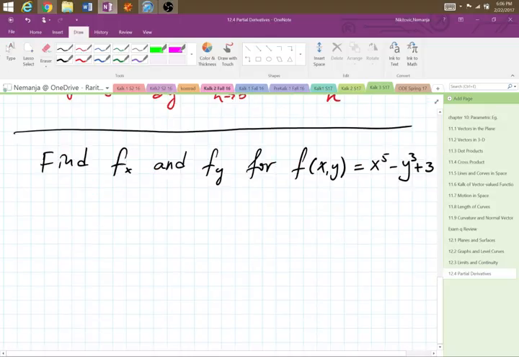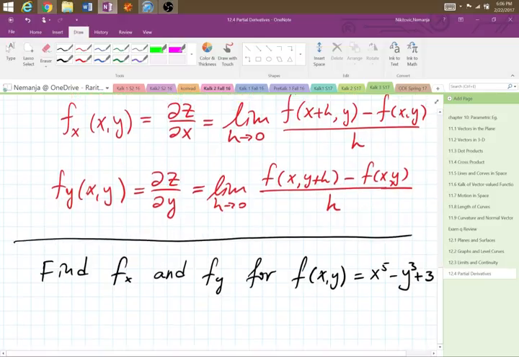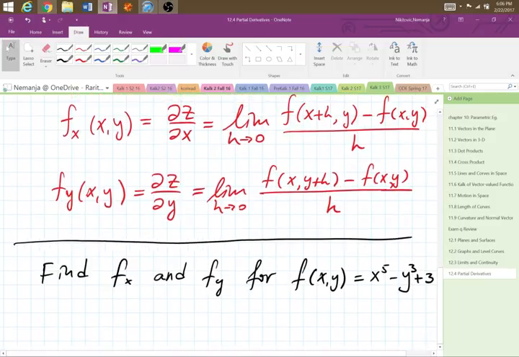So if you look at these definitions, observe that when you're looking for a partial derivative with respect to x, this y stays unchanged throughout the entire process. Now, y is regarded as a constant because we are only looking for a change along x.